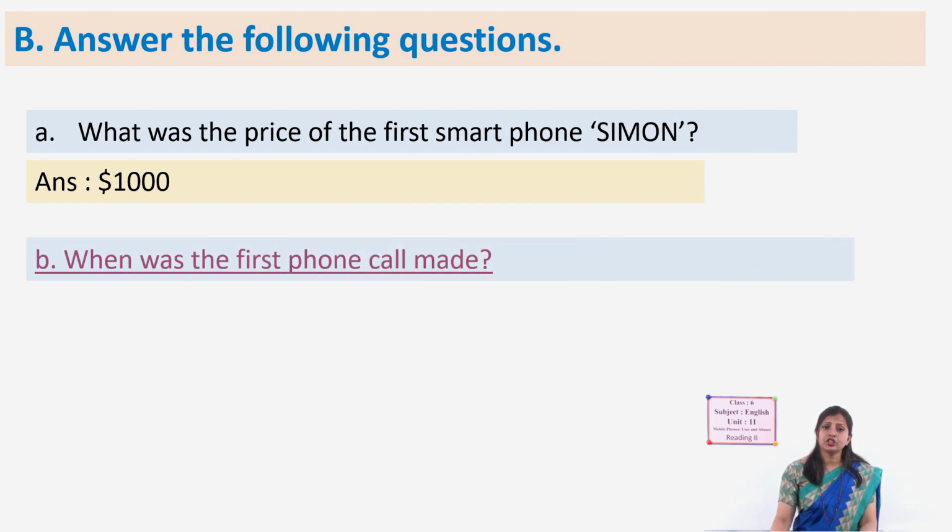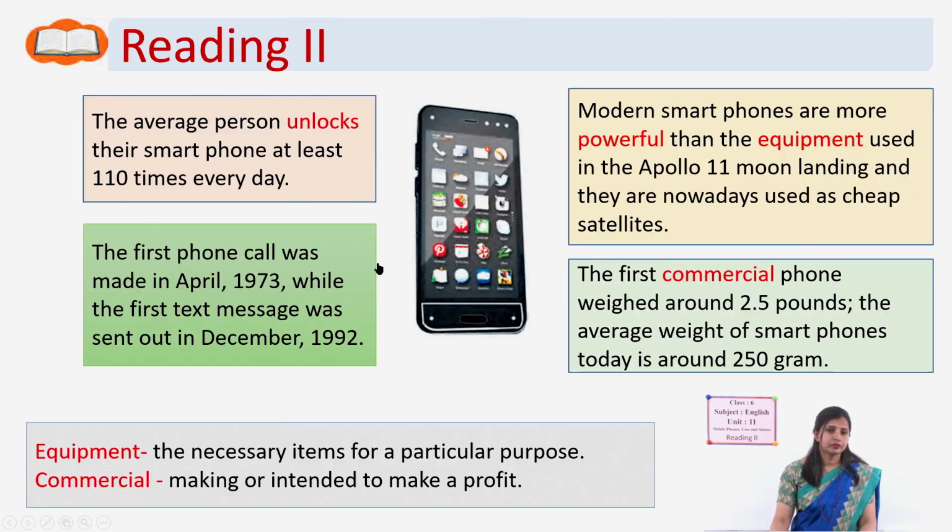When was the first phone call made? Did you spot the answer in your book? Here is the answer. Tell me where is it in this paragraph. Yes, the first phone call was made in April 1973.